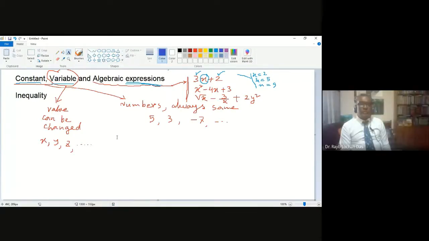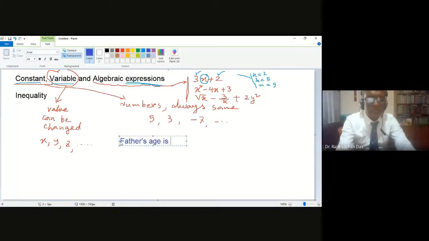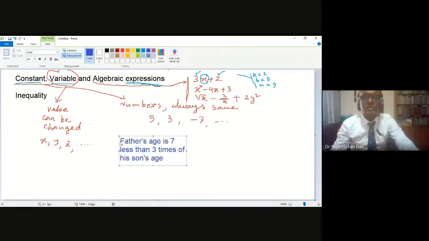Okay, so let me write something from our real life. I'm writing: father's age is 7 less than 3 times his son's age.